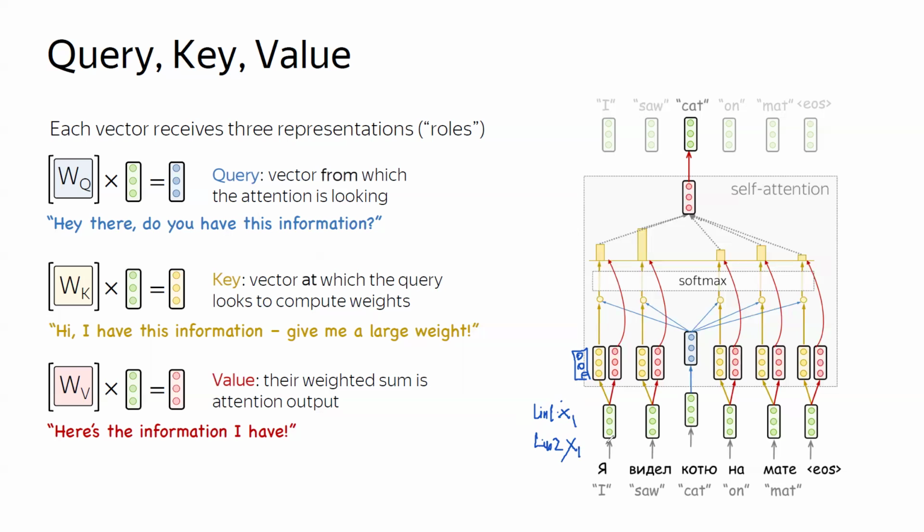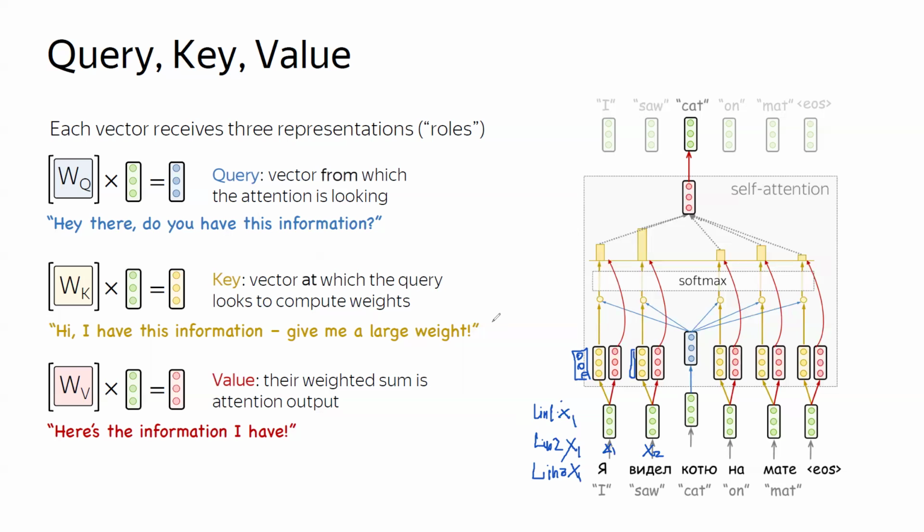So we can denote this input as X1, X2, and so on. And another linear layer to X1. So we will get three different representations, three different costumes, for each token. For each token, we will have three representations, and they're called query, key and value.